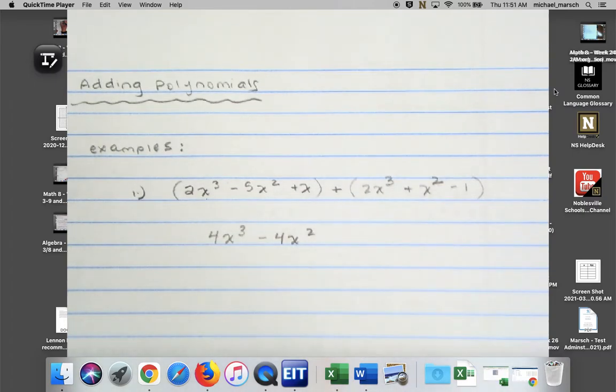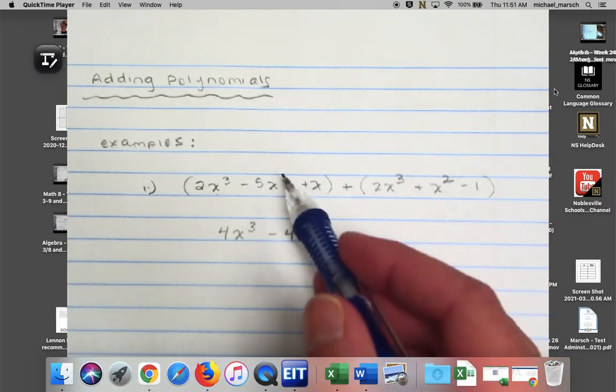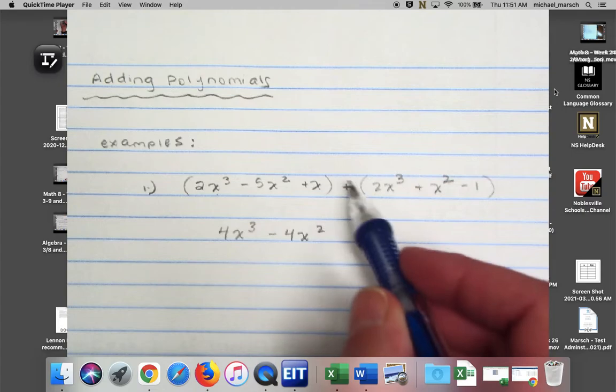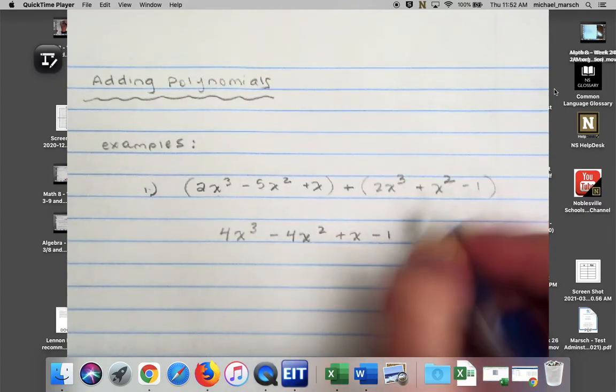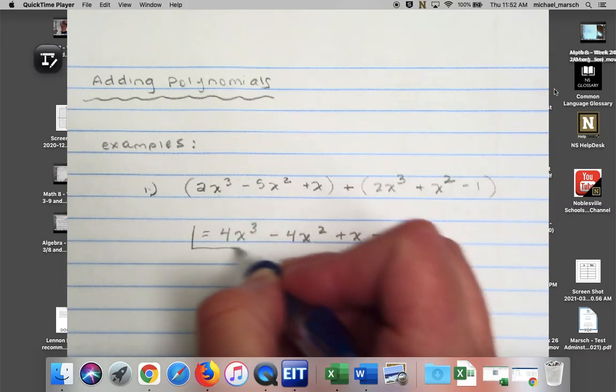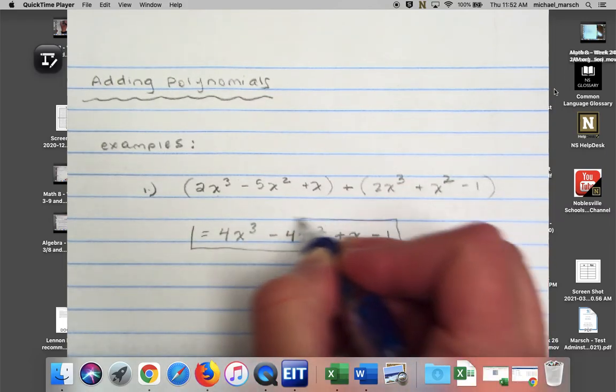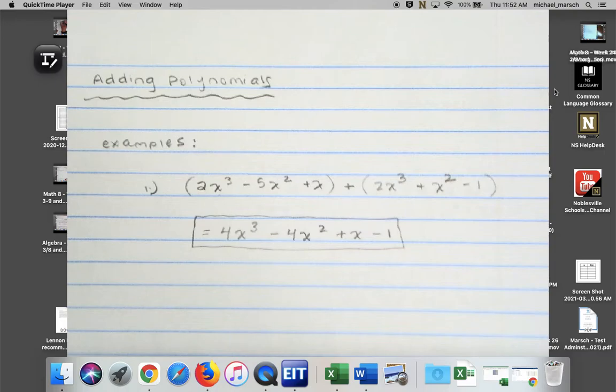Those are just going to stay the way they are because I don't have an x value over here to combine that with, and I don't have a constant value over here to combine this one with. So then I'm going to have plus x minus 1. And that would be my answer. Can you simplify? Can't do anything with that. All we're doing is adding polynomials. We're just combining them. We're looking for pairs.